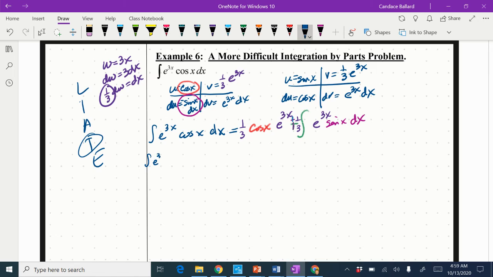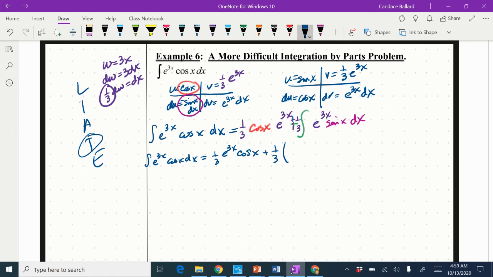Okay, I'm going to continue to write all this stuff that I had to begin with. So the integral of e to the 3x cosine x dx equals 1/3, I'm going to throw that e to the 3x up front, e to the 3x cosine x plus, and then this is going to all technically go in parentheses because I have this 1/3 out here that's impacting the whole thing. So from there, we get uv.